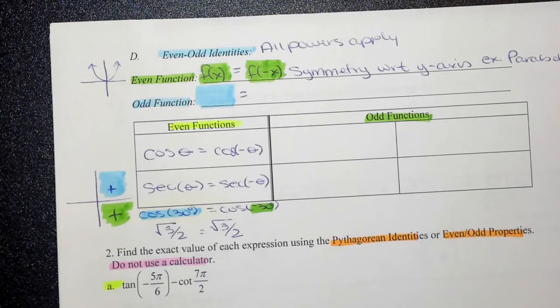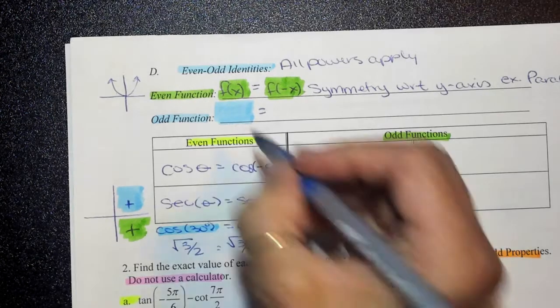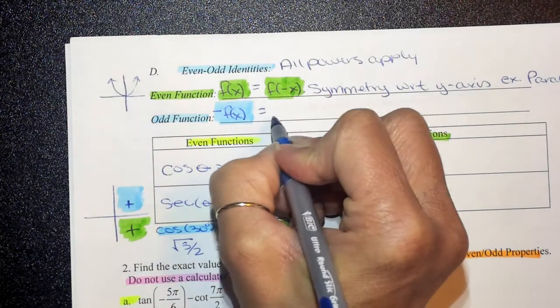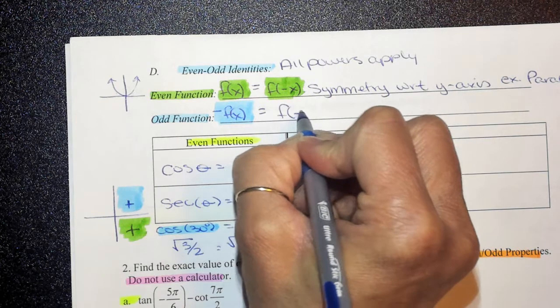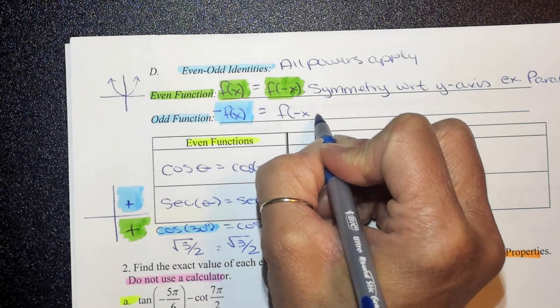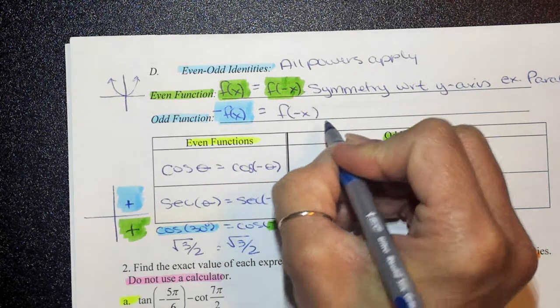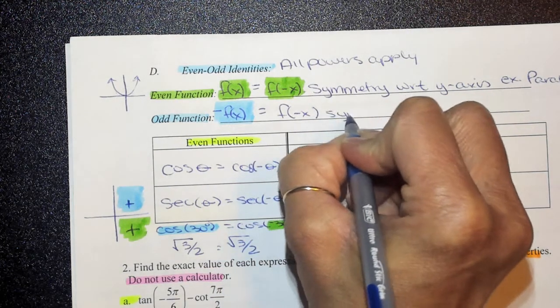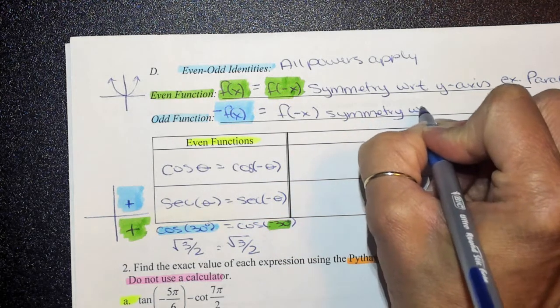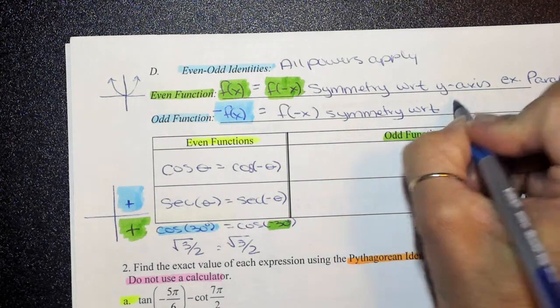Now, an odd function is the opposite: f of x is equal to the opposite of f of negative x. Okay? And what this means is we have symmetry with respect to the origin.